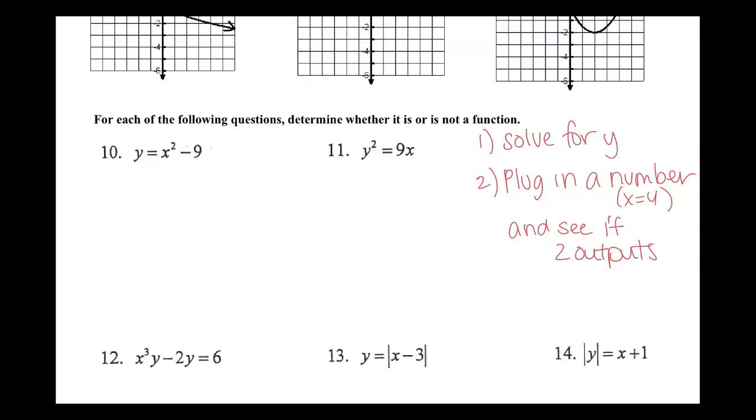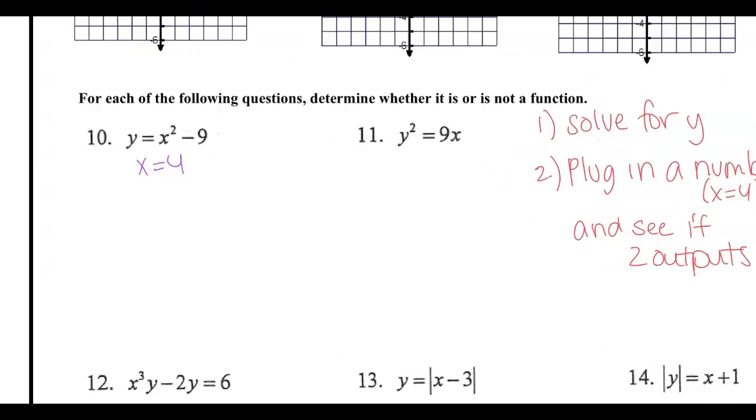So let's go ahead and look at the first question. For question number 10, luckily for us, the first step is done. It's already solved for y, so I don't need to worry about solving for y. What I do need to do now is plug in a number. You don't have to use my number, but I wouldn't recommend using 0 because sometimes 0 doesn't show you enough of the function. So I'm going to use x equals 4 and substitute it in.